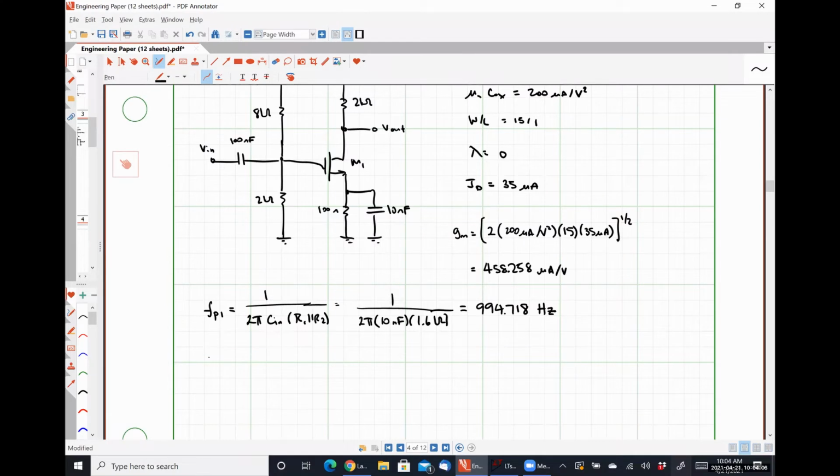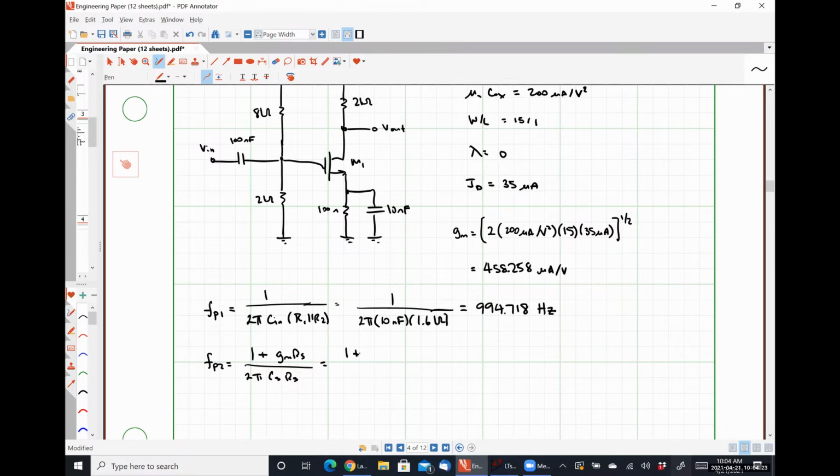Our second pole is at 1 plus gm Rs all over 2 pi Cs Rs.